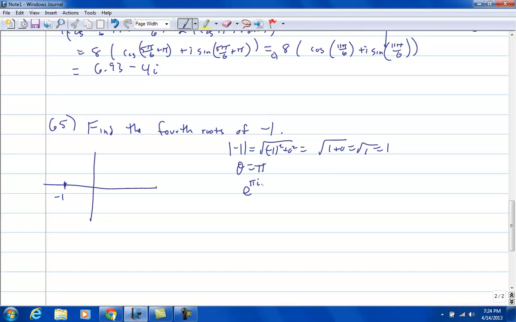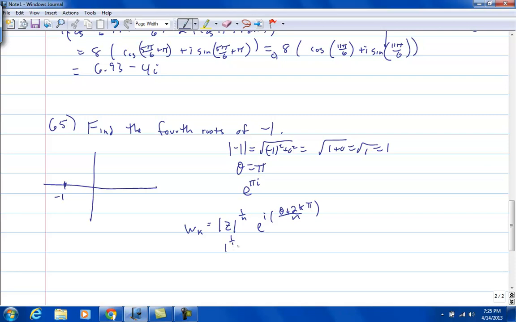Okay, so I want to have that down right, so I'm going to go for the root formula, is that what we're calling it in this book? Find the root W sub k. W sub k is going to be the magnitude of Z to the 1 over n power, e to the I of theta plus 2k pi over n.